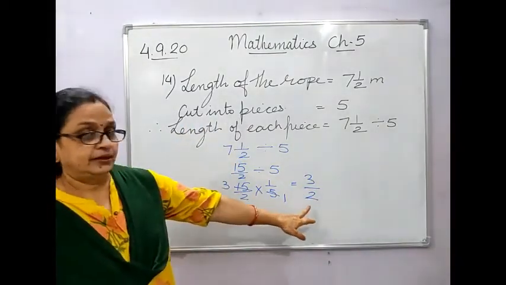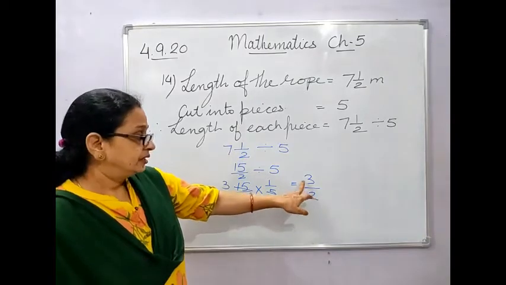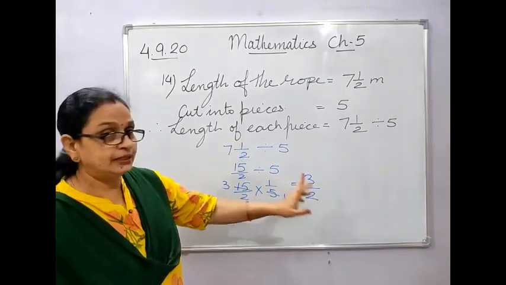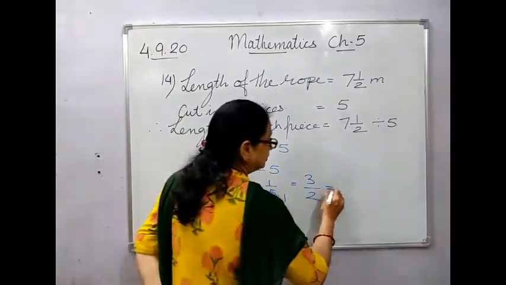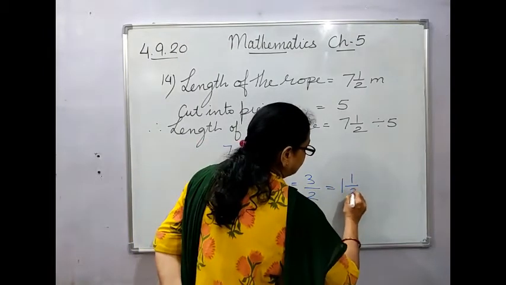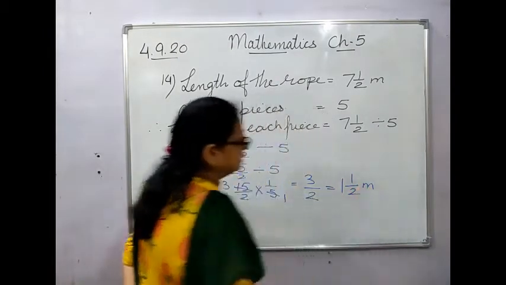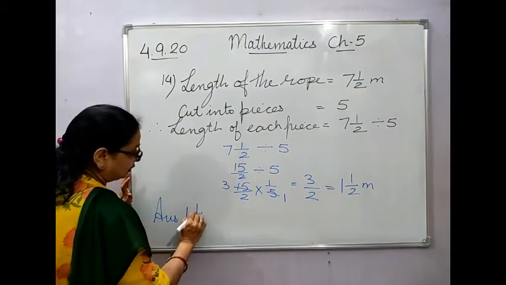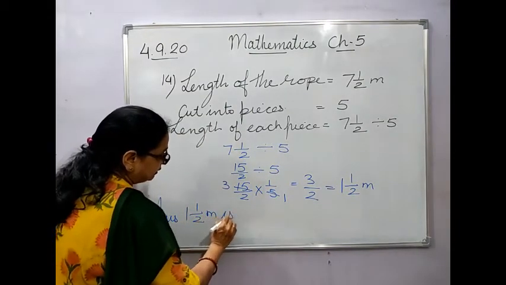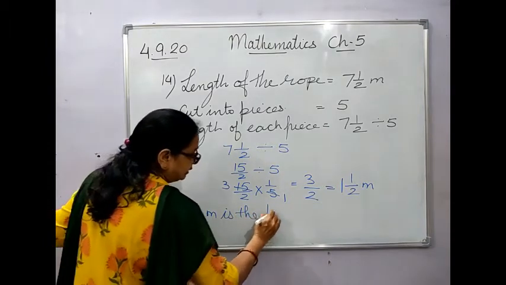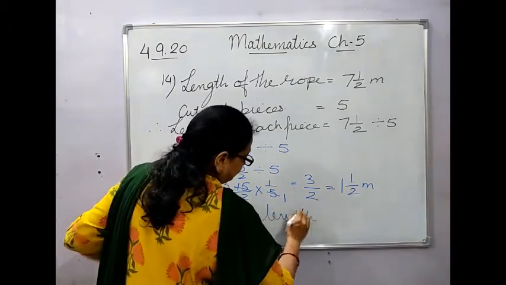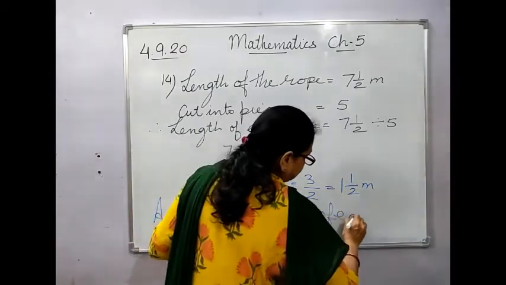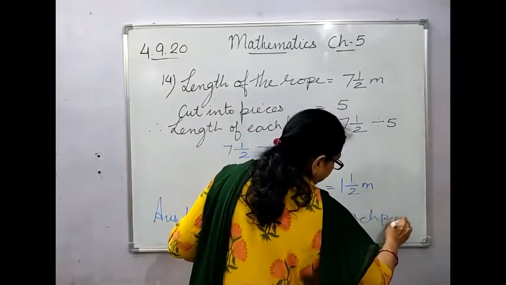This is an improper fraction. Since the numerator is greater than the denominator, convert it into a mixed fraction. So it will be one whole number 1 upon 2 meter, the length of each piece.